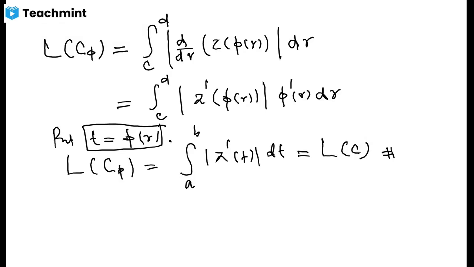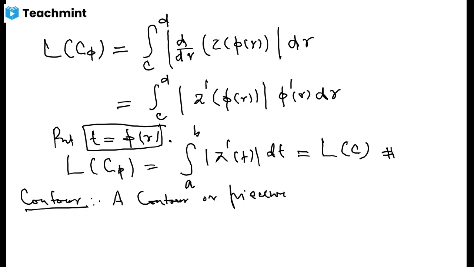So finally, let me write the definition that we needed. It is the definition of a contour. What is a contour? A contour, or you call it piecewise smooth arc.